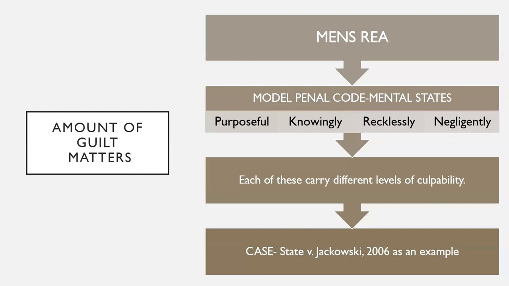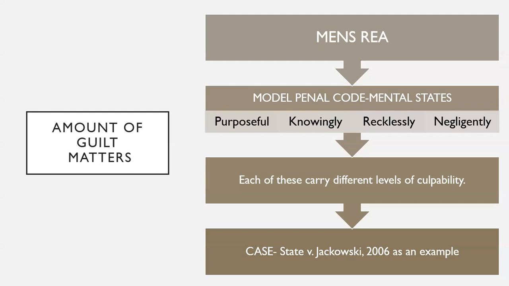What the Faulkner case helped us understand is that you can't just pick one of these 4 possibilities and say that if there's more than one crime, all I need to do is pick one mens rea, and that's going to cover all of the associated crimes.